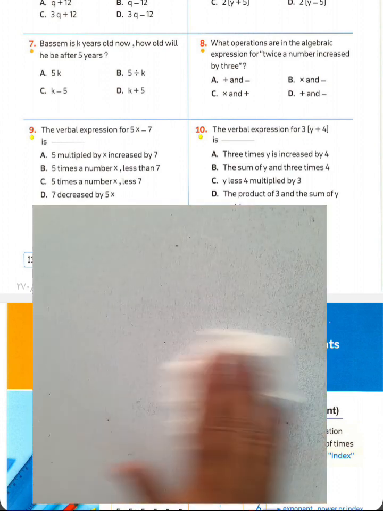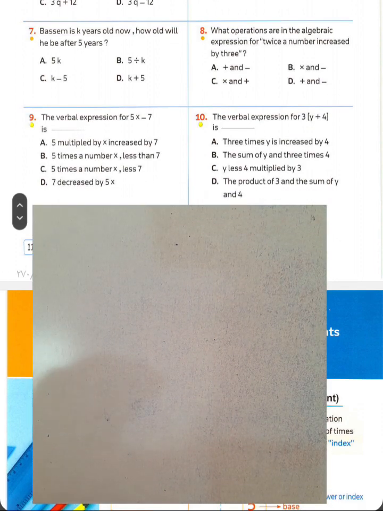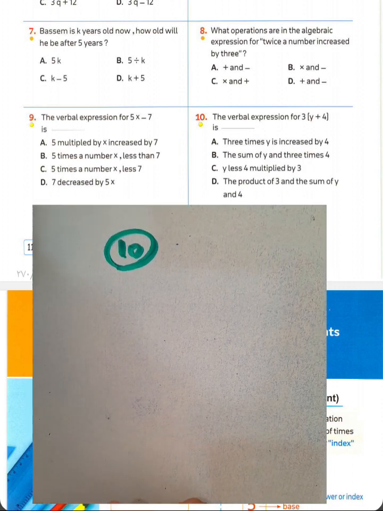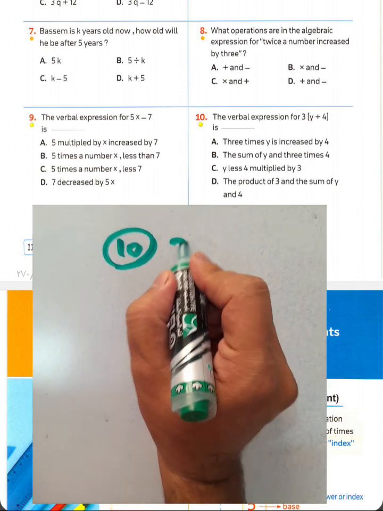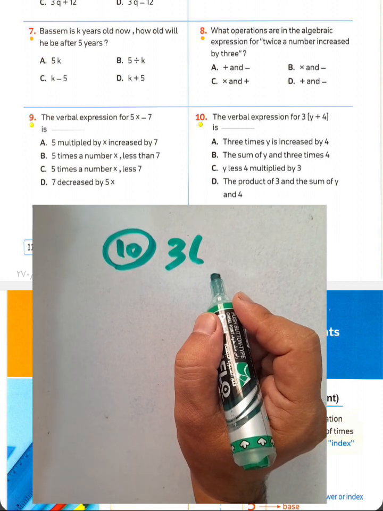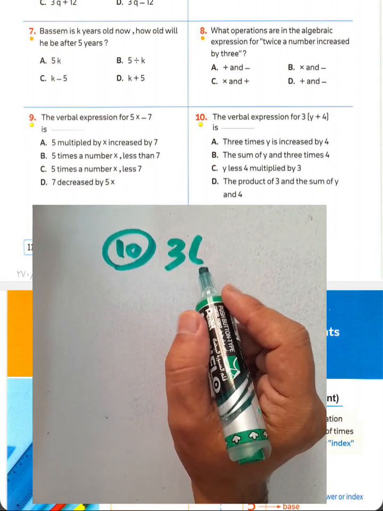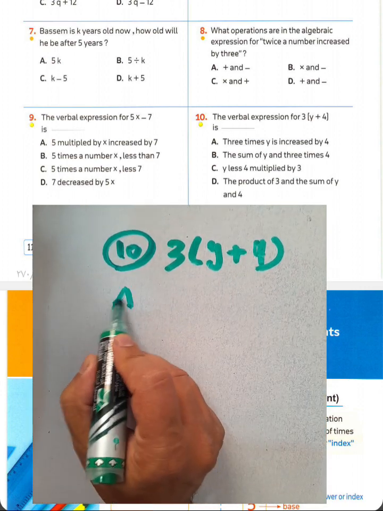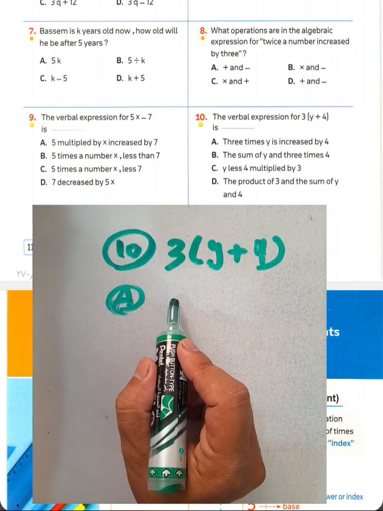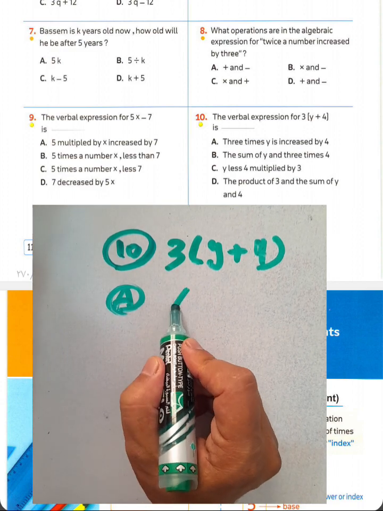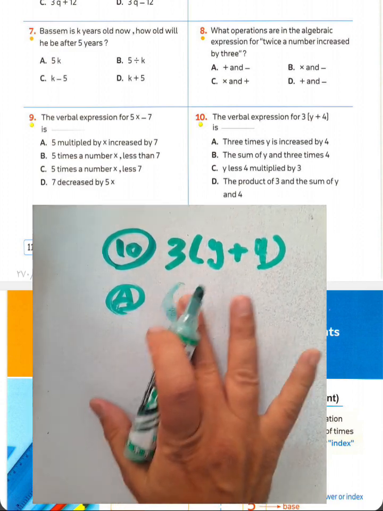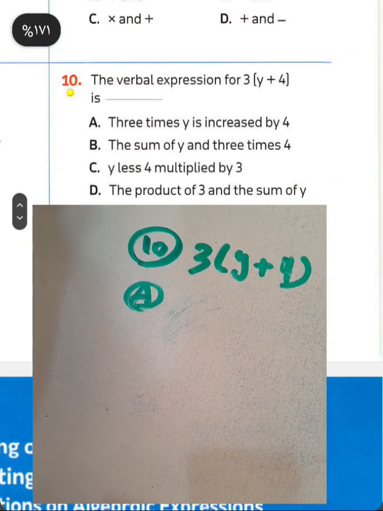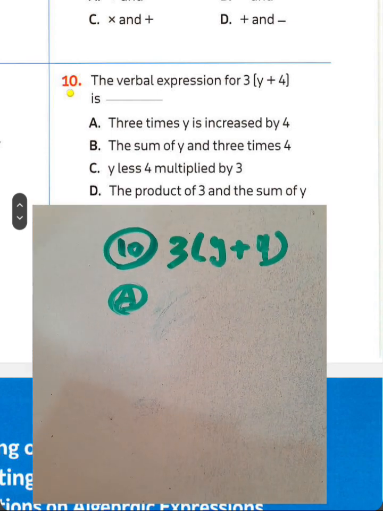Question number 10. The verbal expression 3 multiplied by the sum of y plus 4. We can read it what? We have letter A. 3 times y increased by 4. It's false. Look with me, I will explain this example again.